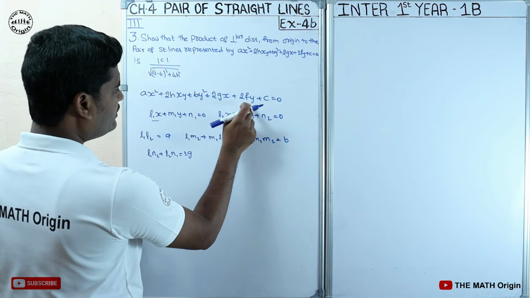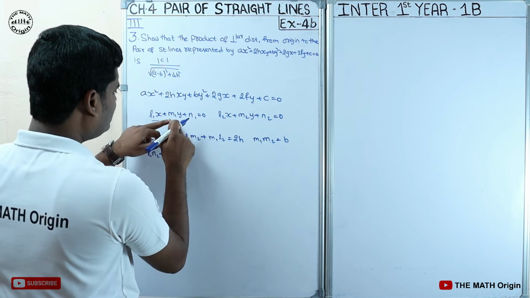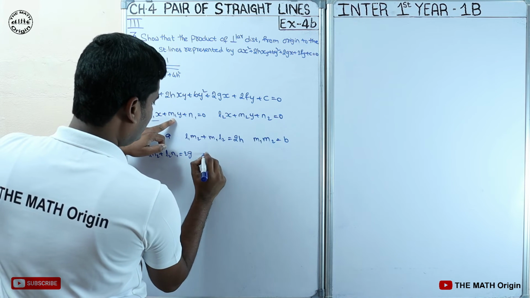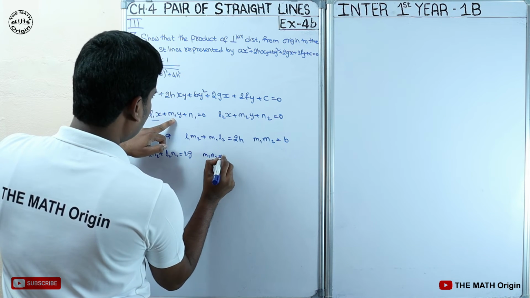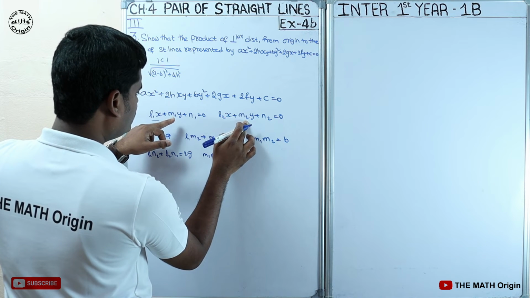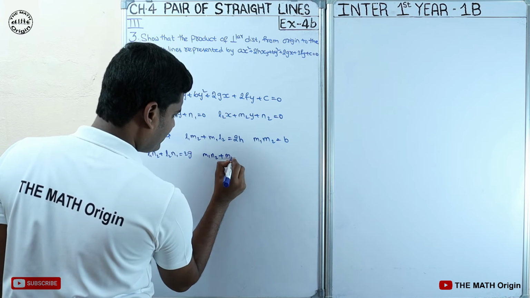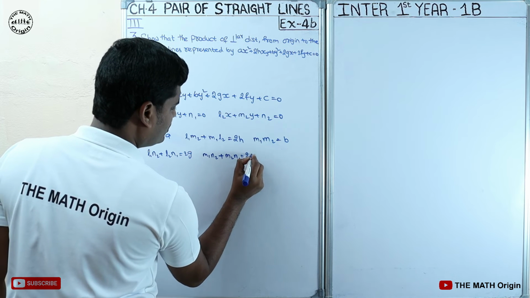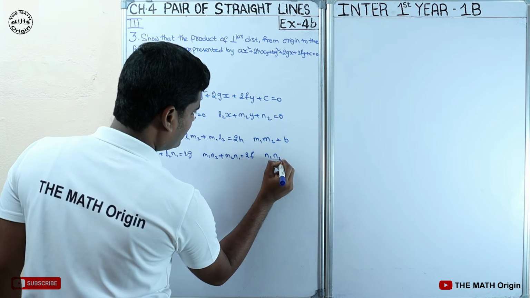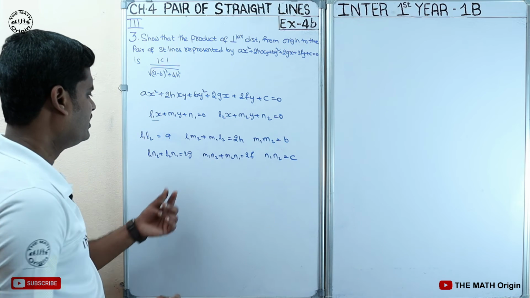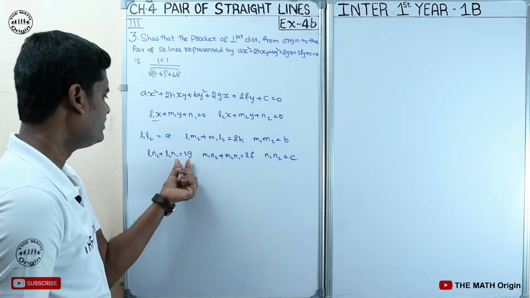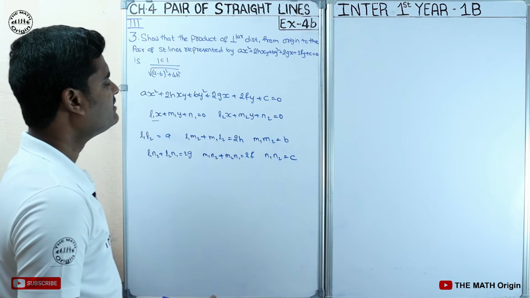For the 2f it is a y coordinate, so y coordinate means y value into N2 means M1 N2 plus M2 N1 equals to 2f value, and c value, constant value is N1 N2 is equals to c. Now we got ax square plus 2hxy plus by square plus 2gx plus 2fy plus c.